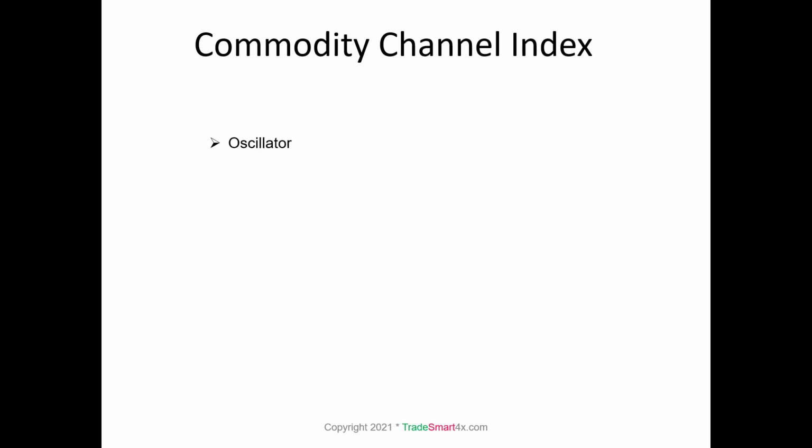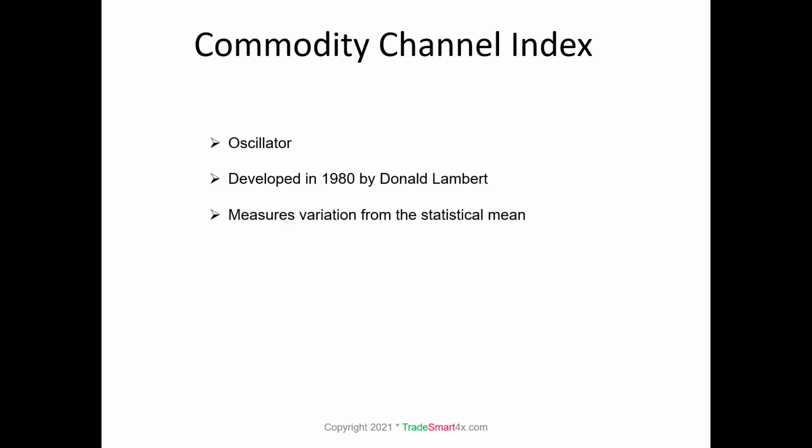Well, it's an indicator which is under a class of indicators called oscillators. It was developed in 1980 by Donald Lambert, and what it does is measure variation from the statistical mean. What does that mean? It means the current price relative to an average price over a given time period.